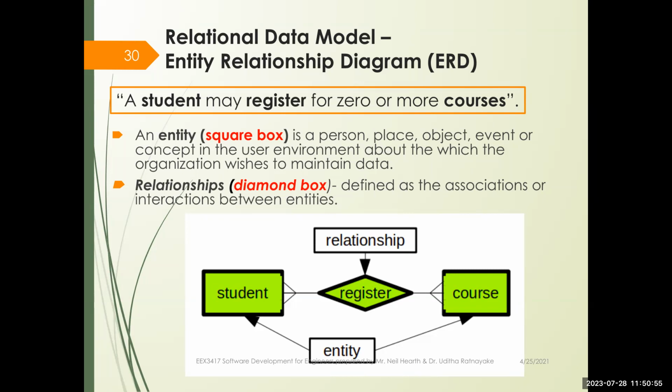So one business rule in this open university is that a student may register for 0 or more courses. A student can register for only studentship, that is no courses, 0 courses, or a student may register for one or many courses. That is a business rule.